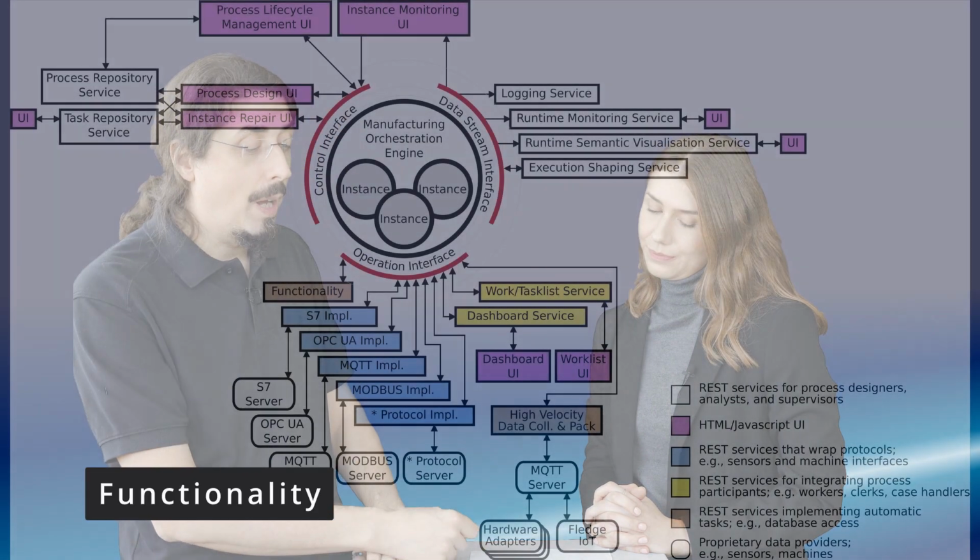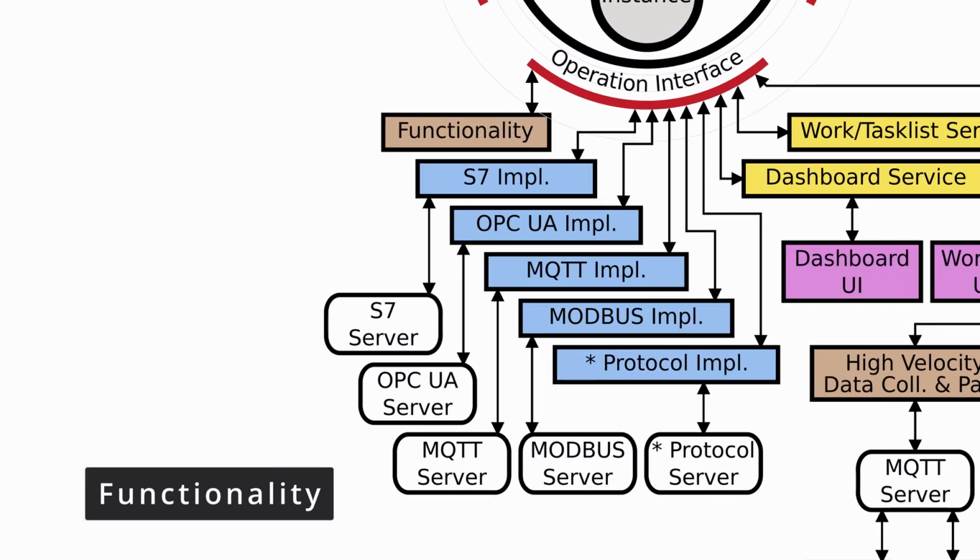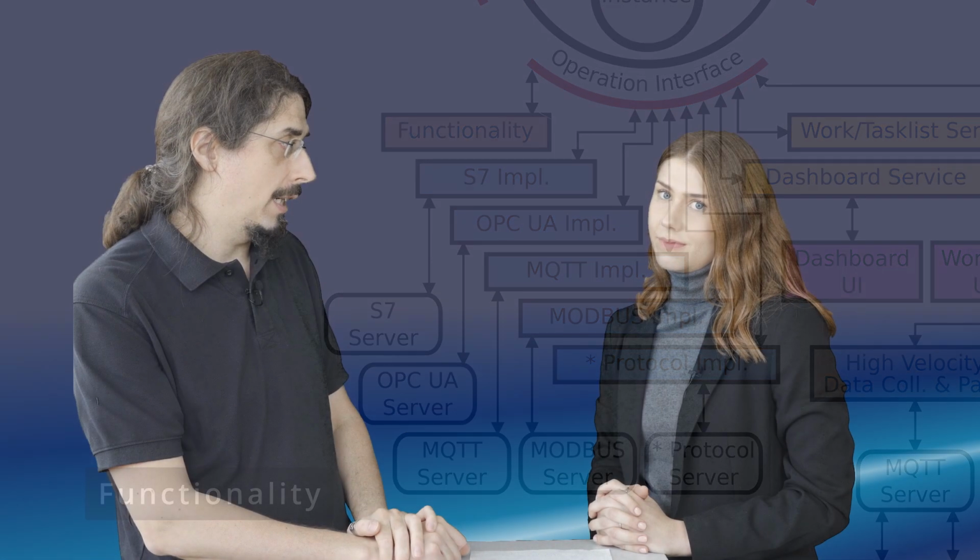The second thing is how we handle machine interactions, which is basically what I called here generically functionality. And you even know better than me how that works because you were realizing one of these particular functionalities for a measuring machine.